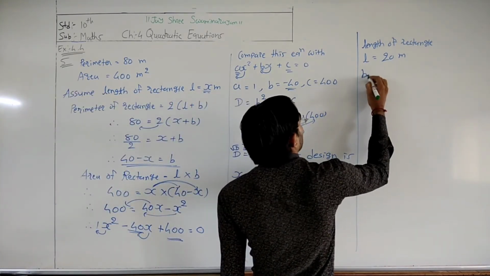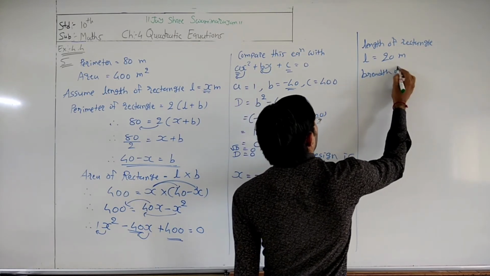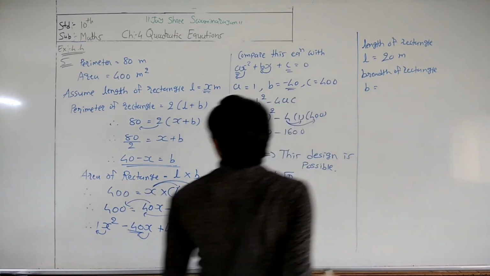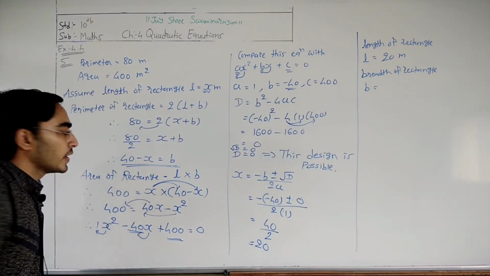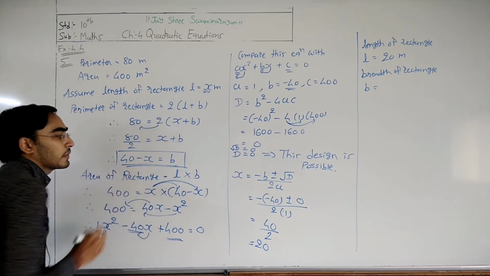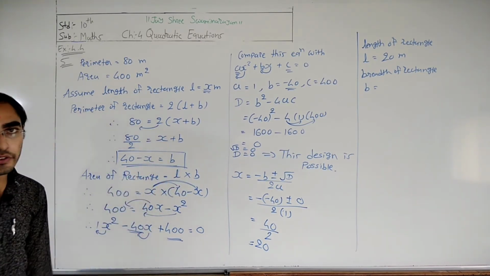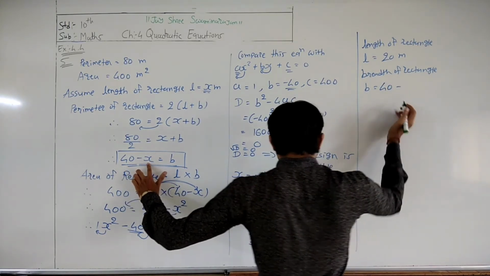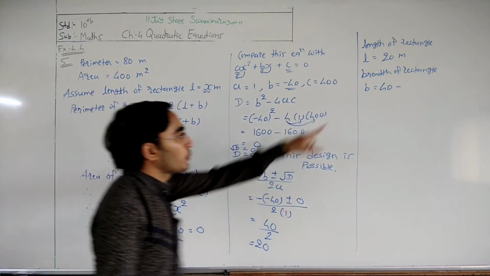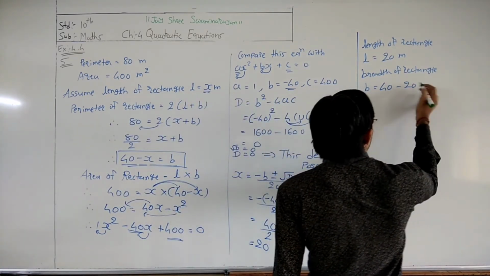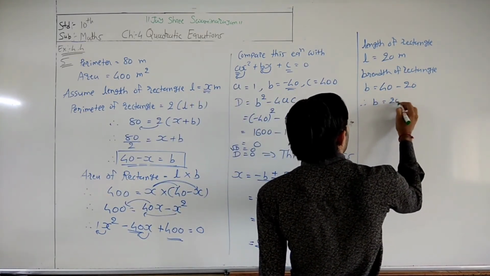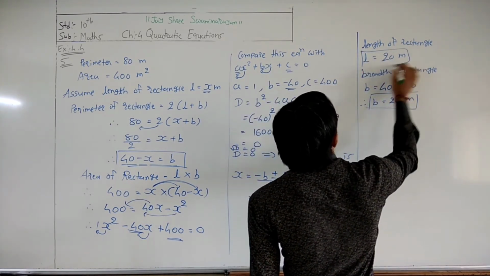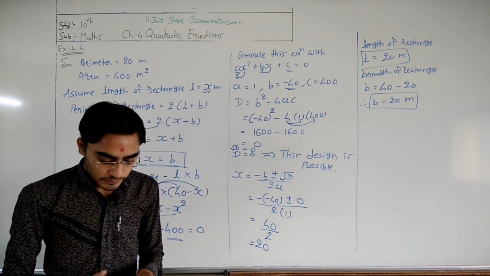After that, breadth of rectangle B is equal to, here we have one equation for B. B is equal to 40 minus x. So 40 minus the value of x. The value of x is 20, so put the value here. 40 minus 20, your breadth is equal to 20 meter. So length is equal to 20 meter and breadth is also 20 meter.